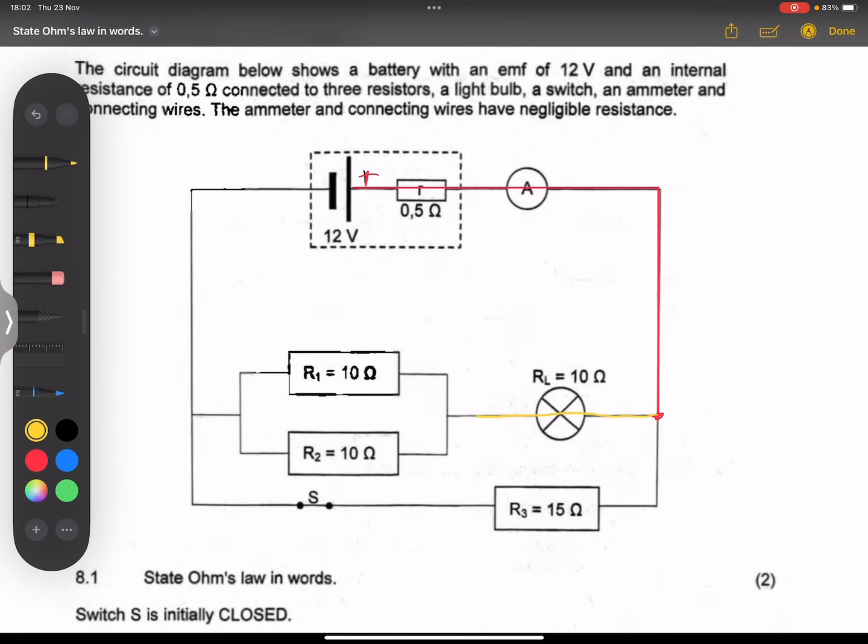Some of the current comes through here, while some of the current would go through that node over there. Notice now the yellow current further divides, and then let's use a different color.